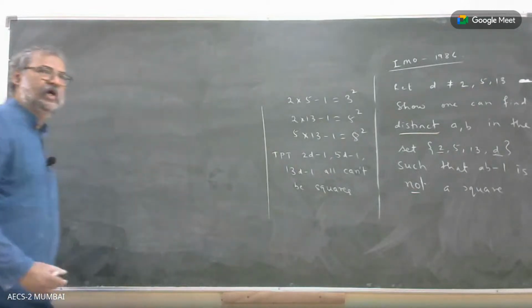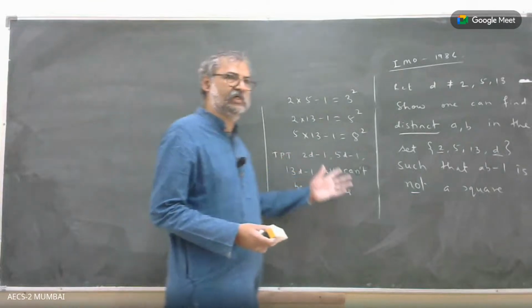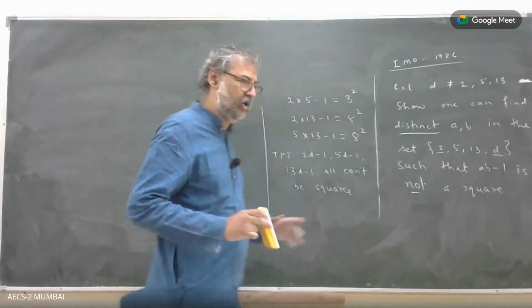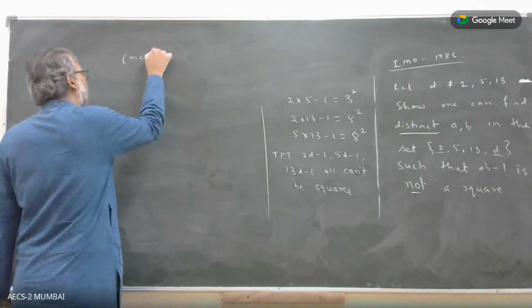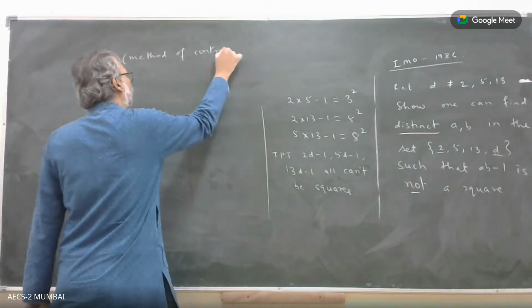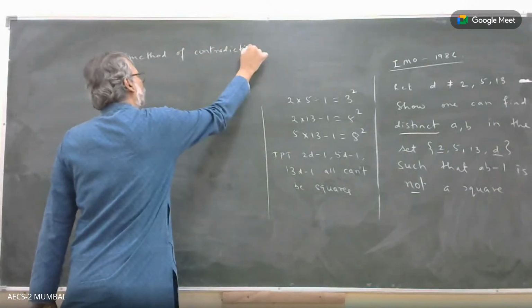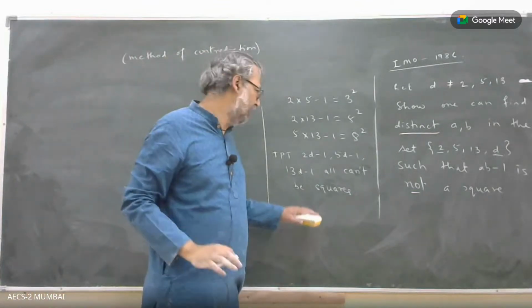And the method is typically by contradiction. So you assume, suppose possible, all of them are squares, and you get something wrong. It's called the method of contradiction. Whatever you want to prove, first say the opposite, as simple as that.